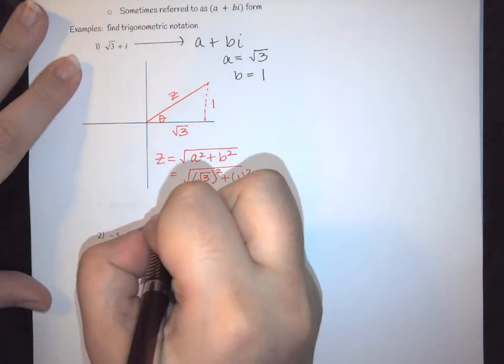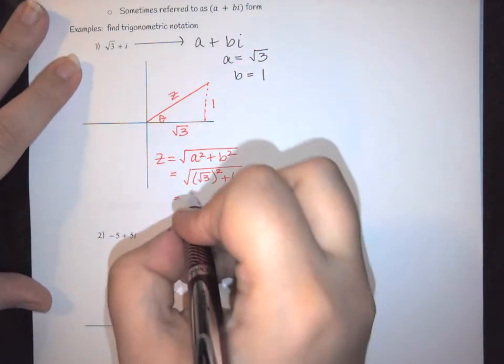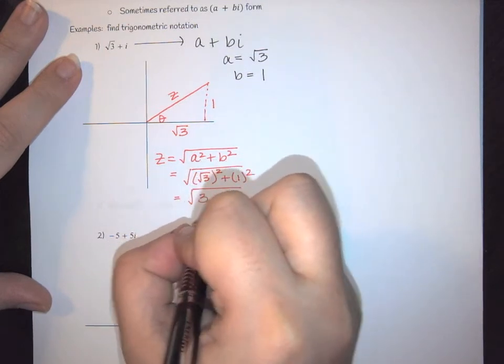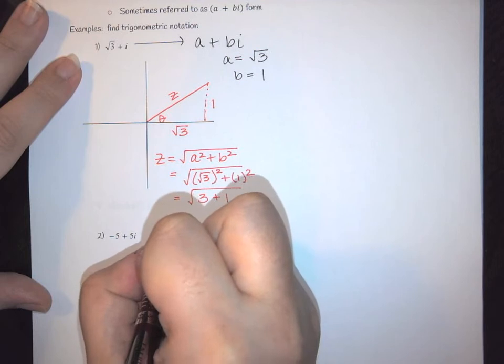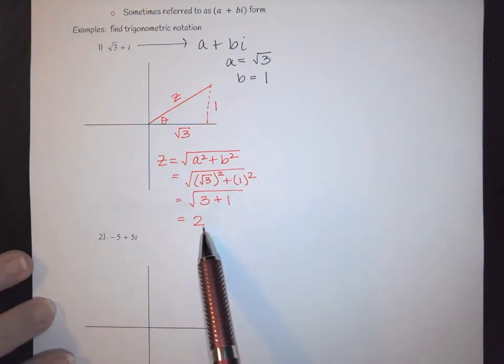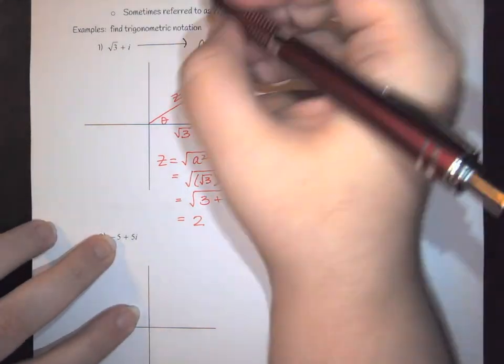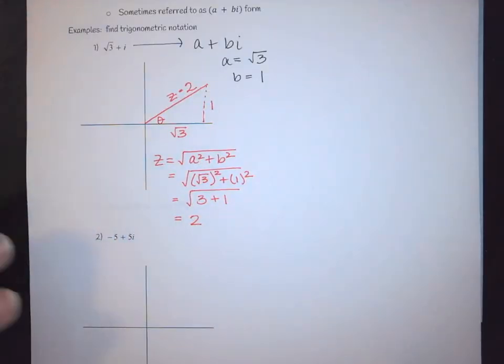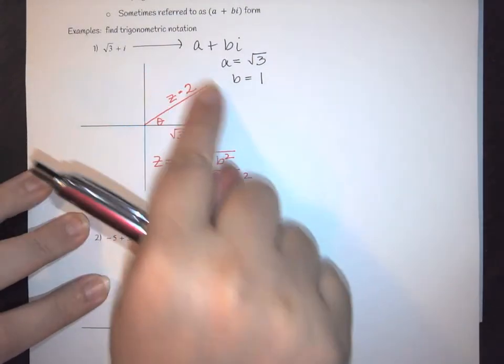The square root of 3 squared is going to leave me with 3, plus 1, which is going to give me 4. The square root of 4 is 2. So here we know that z is going to equal 2 because that's what we solved for. So we have a triangle we can work with.